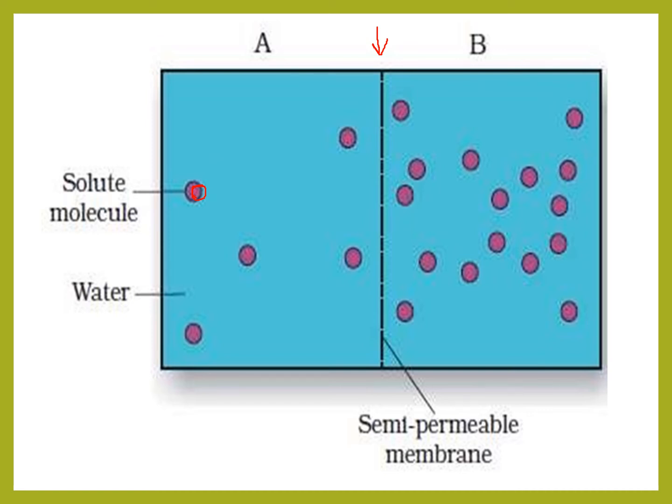The molecules of water will move from a region of higher concentration. So here in this A region, you have a high concentration of water. So they will move from A to B so that they get to an equilibrium where both A and B have an equal amount of water content.